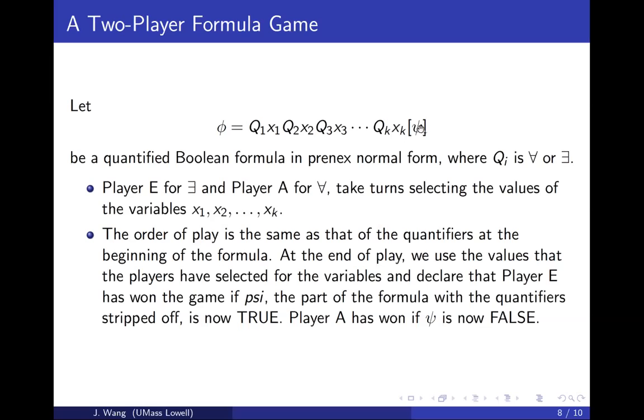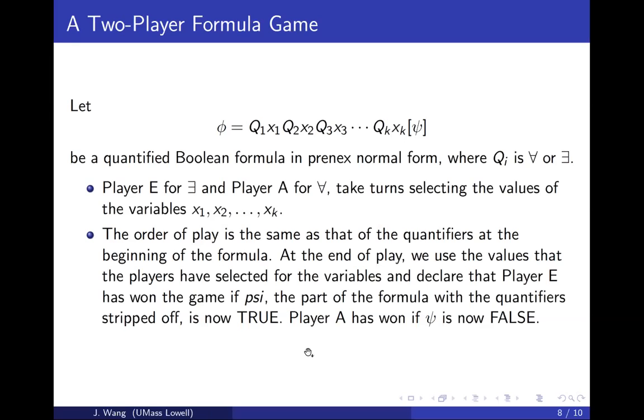This is a formula. Under this particular chosen assignment selected by the players, if it evaluates to true, then player E won the game. Otherwise, player A wins the game. So player A wants to select values for the variables to make the evaluation of this formula false, and player E wants to make it true. That's how they play this game.